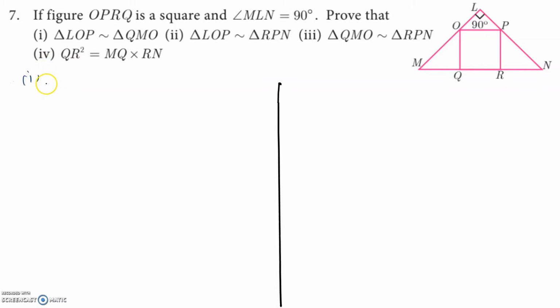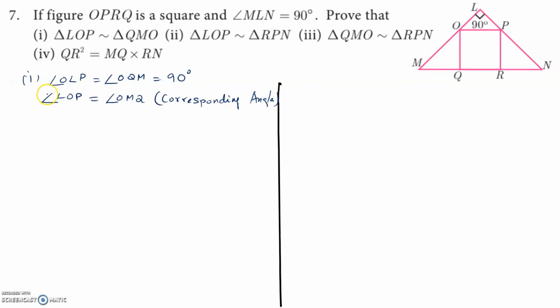So in triangle LOP, you can say that angle OLP is equal to angle OQM in the second triangle, and they are equal to 90 degrees, and also angle LOP is equal to angle OMQ, since they are corresponding angles.